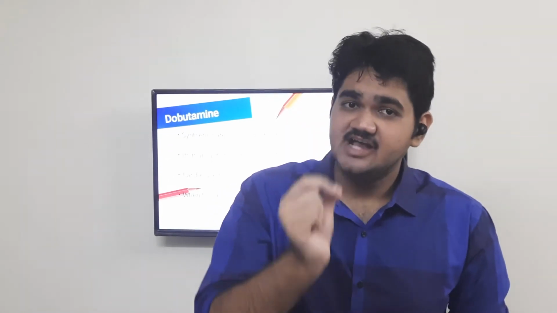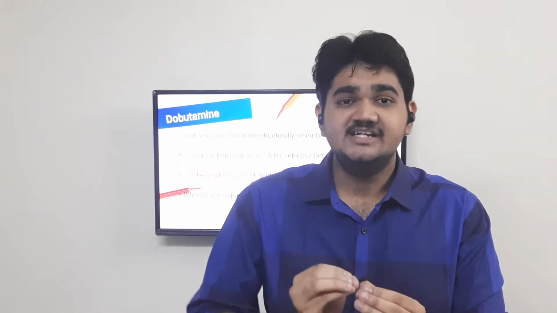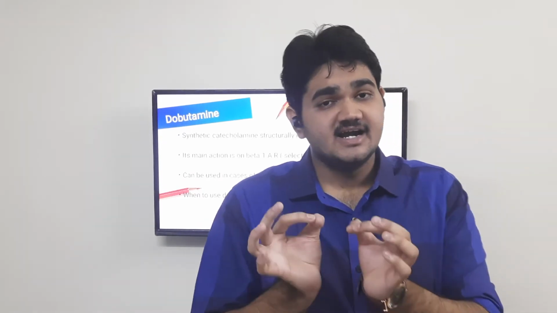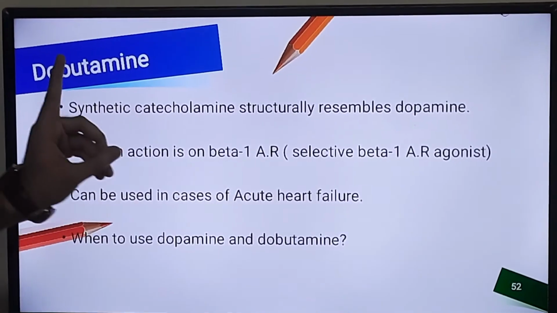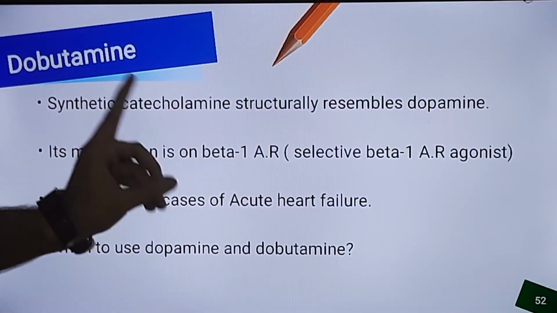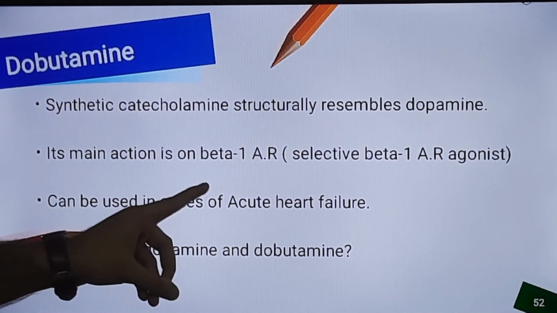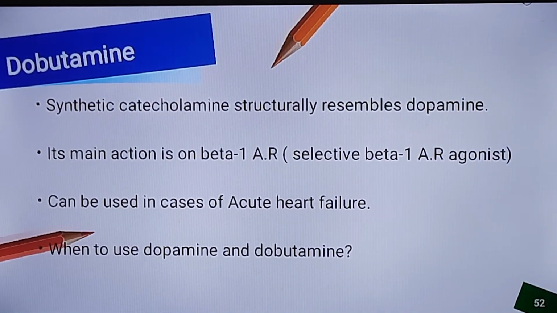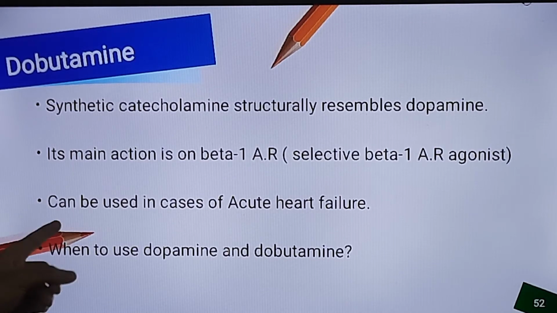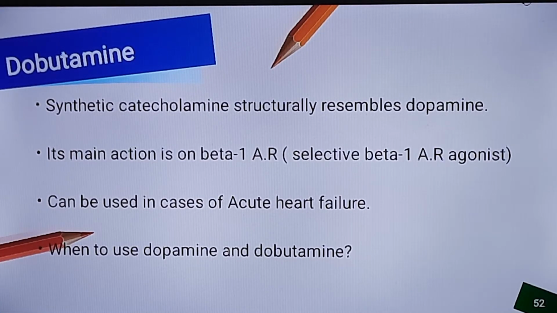Its main action is on beta-1 adrenergic receptor. So we say that it is a selective beta-1 adrenergic receptor agonist. Now in which condition we need to stimulate our human heart? In cases of acute heart failure.